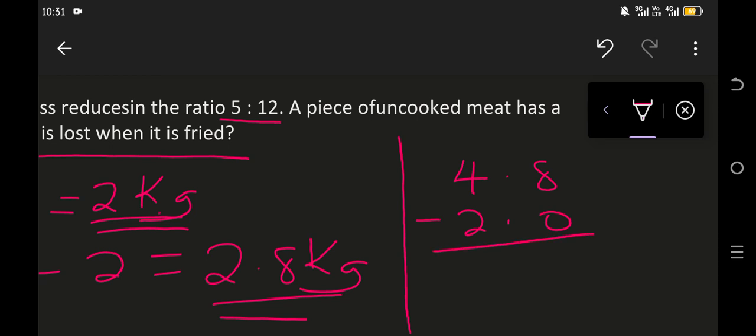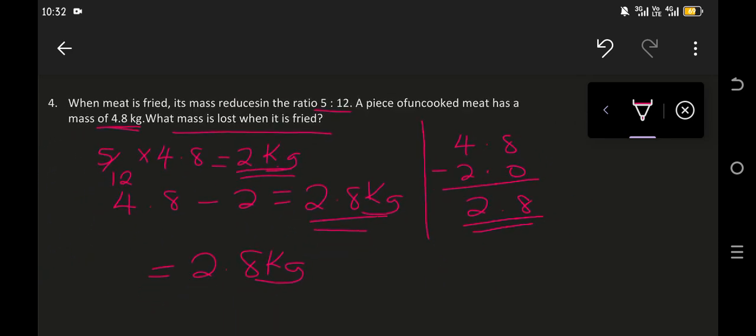For whole numbers, we can always add a decimal point and as many zeros as you need on the other side. So we have 8 minus 0 is 8, and 4 minus 2 is 2. So we have 2.8. You can pause and look at that. This is what we have done.